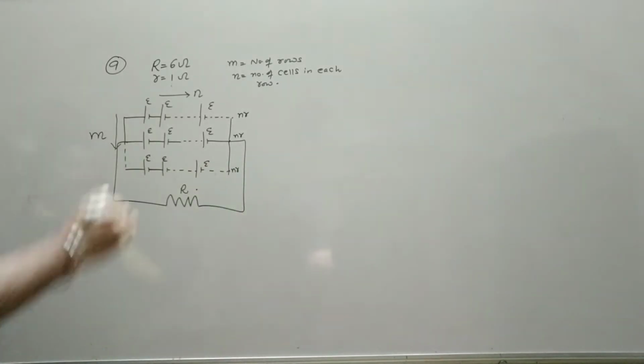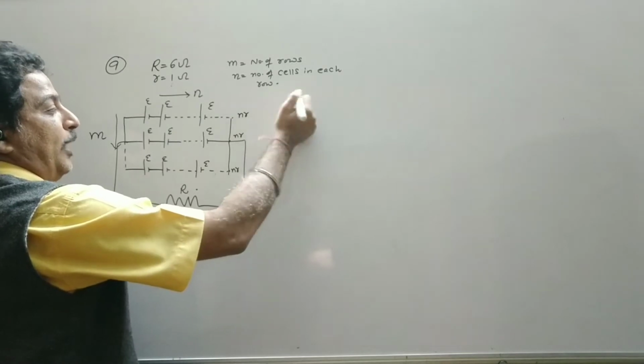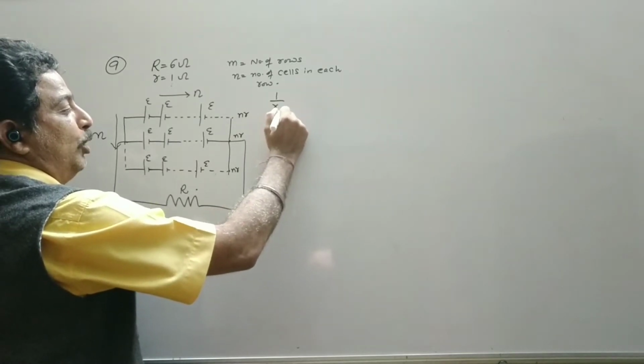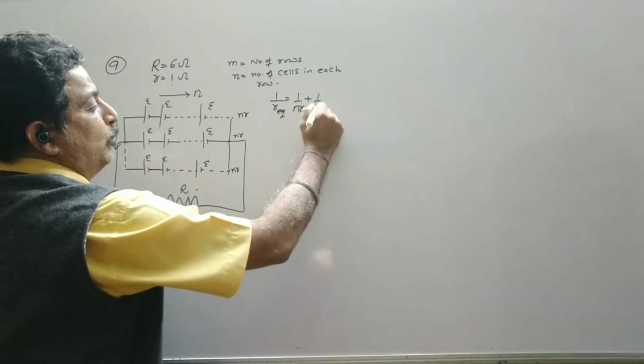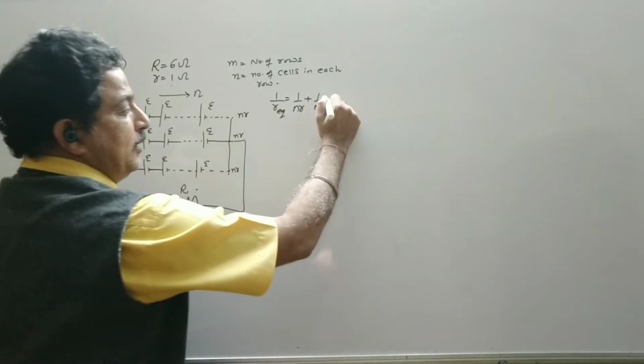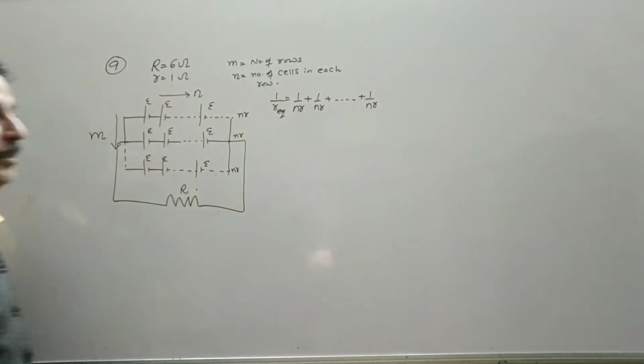We have such rows in parallel, so 1 upon R equivalent is equal to 1 upon nr plus 1 upon nr, plus and so on, 1 upon nr.